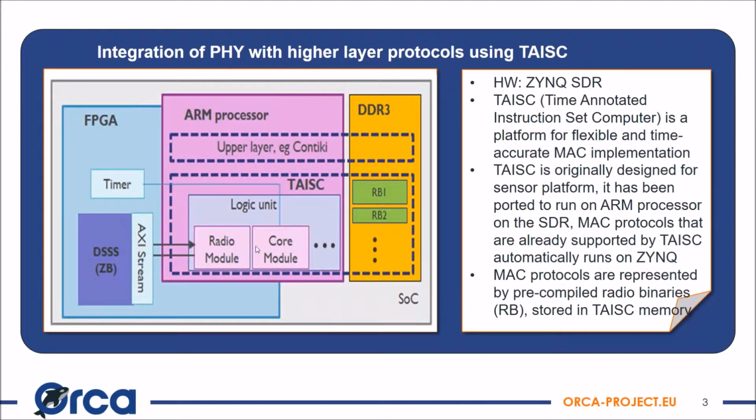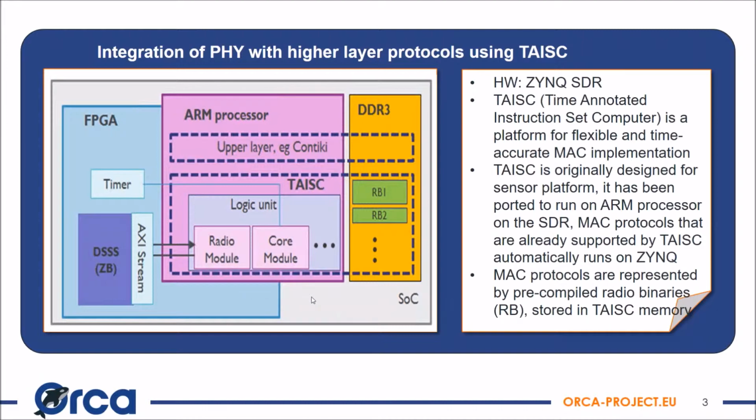Various MAC protocols such as TDMA or CSMA and many others are compiled into radio binaries and stored into the memory. So the TISC core loads the radio binary into the core, executes the binary, and therefore executes the corresponding MAC protocol.